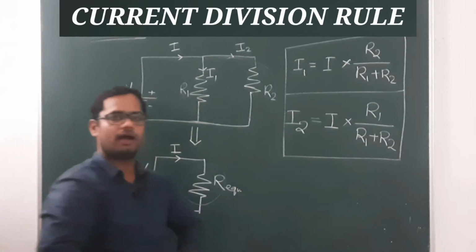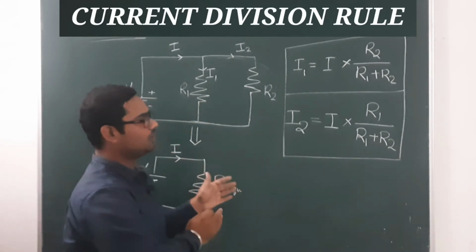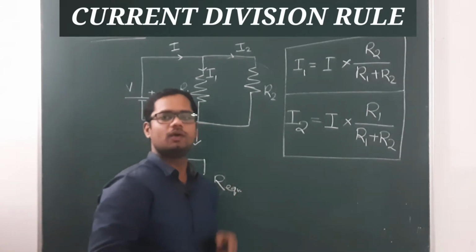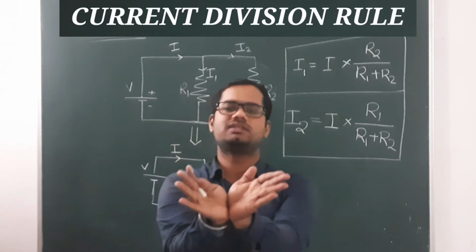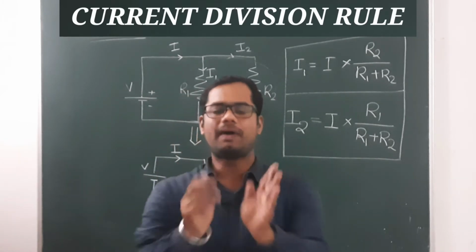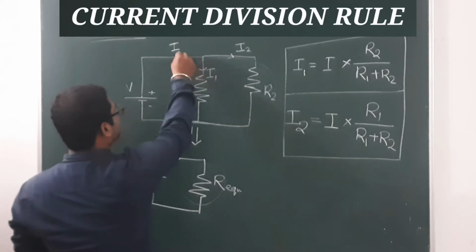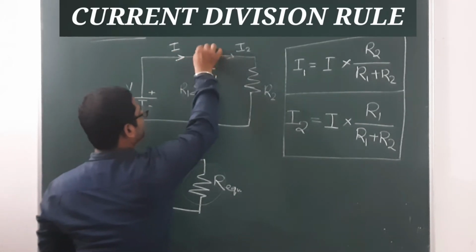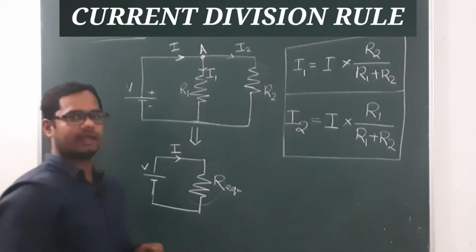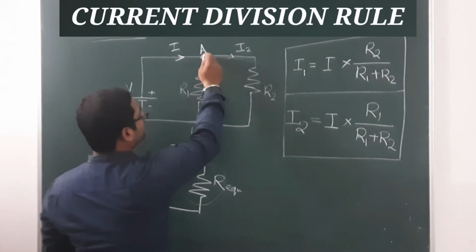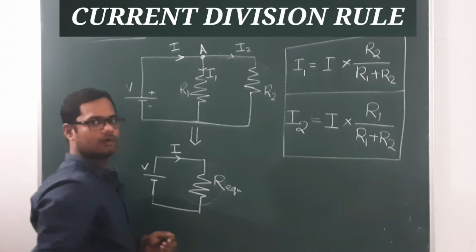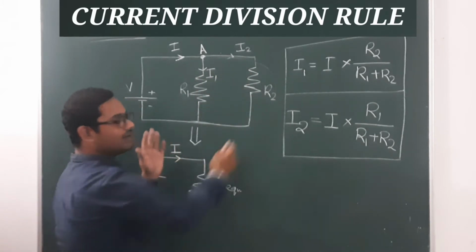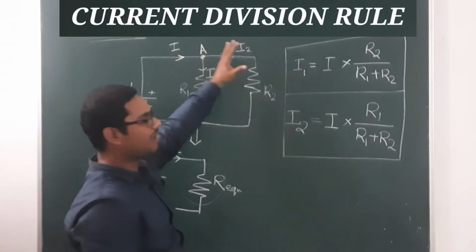Remember that this rule is applicable only when two paths are there. At node A, the current finds two paths, so it gets divided because it is a parallel path.